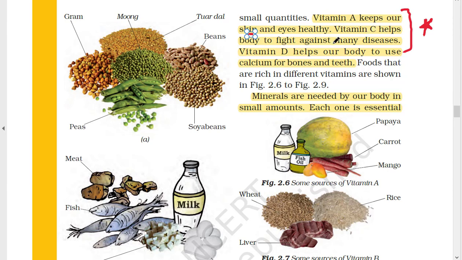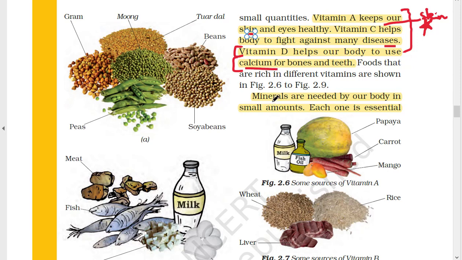Vitamin C helps our body to fight against many diseases. Apart from that, vitamin C is also very good for our skin. Okay. Next is vitamin D. Vitamin D helps our body to use calcium for bones and teeth. So again, it is very important. It doesn't matter if you have enough calcium in your body, until and unless you have vitamin D, because only vitamin D can help our body to use the calcium.